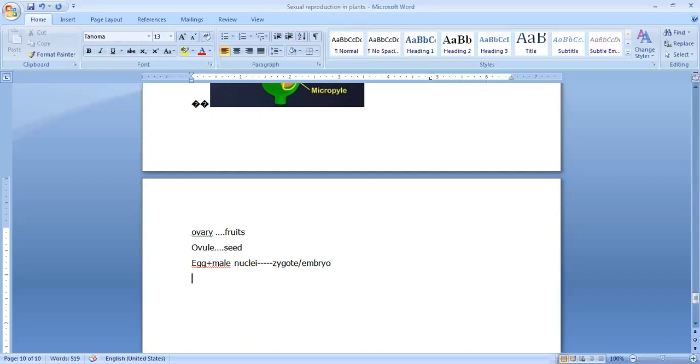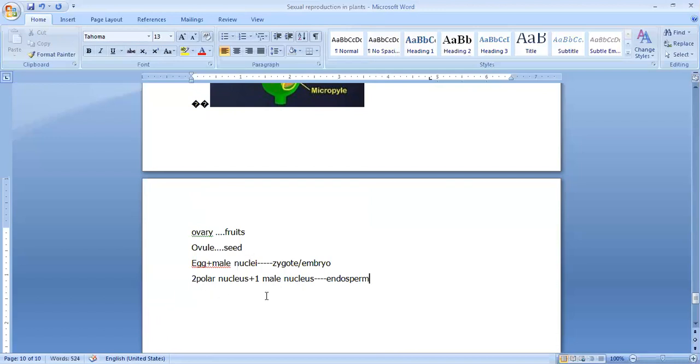And the 2 polar nuclei fuse with 1 male nucleus, and it will result in the formation of endosperm. So these are the results of fertilization.